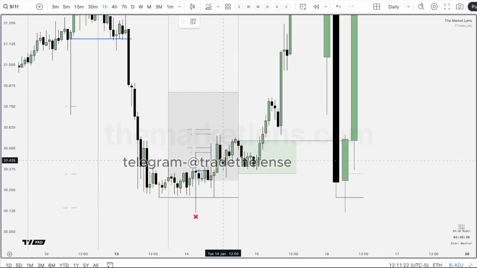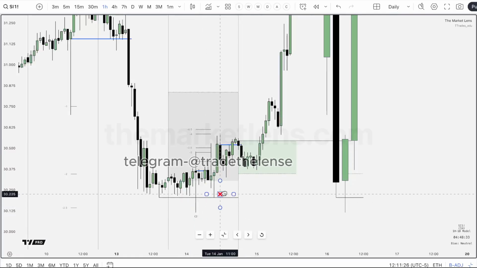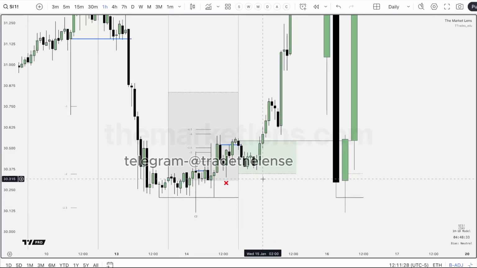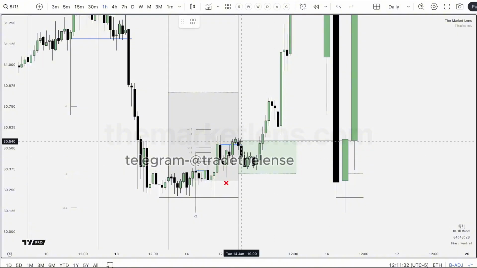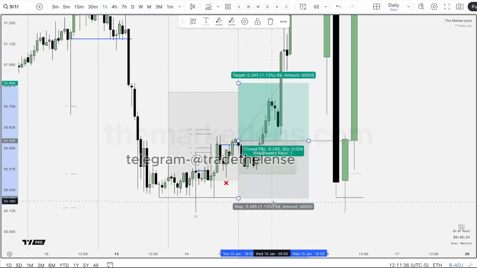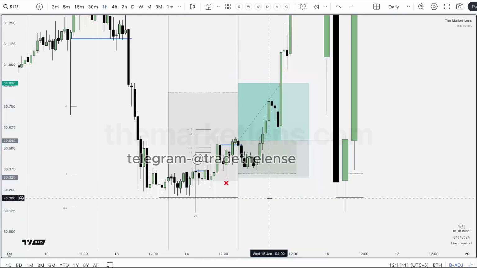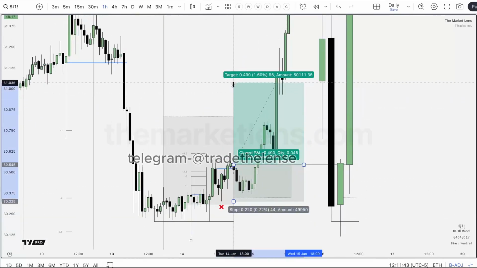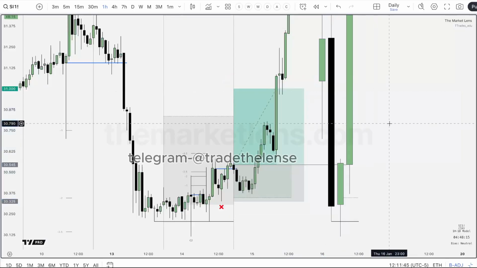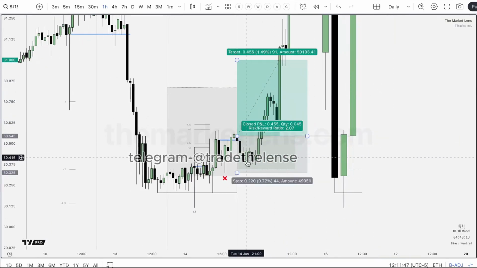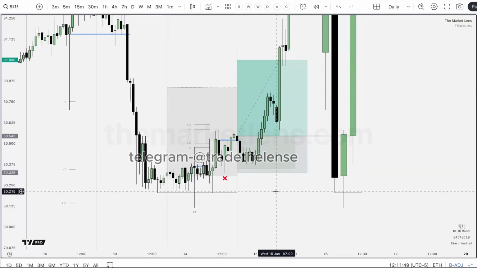We have a reach back into a fair value gap here and a close over this, which gives me an invalidation here. So if I'm under the impression that this move tries to expand right away, then I can just enter at the open and have my stop on that low if that's how I want to trade it, because that's my invalidation. And then there's my 2R. So if that's what you always find, there are different ways to approach it.